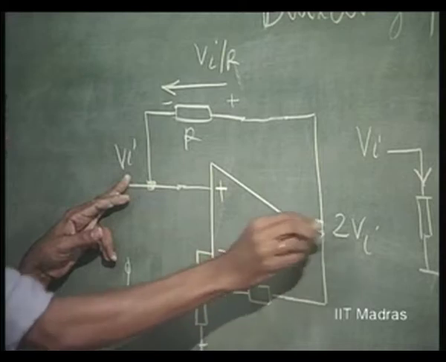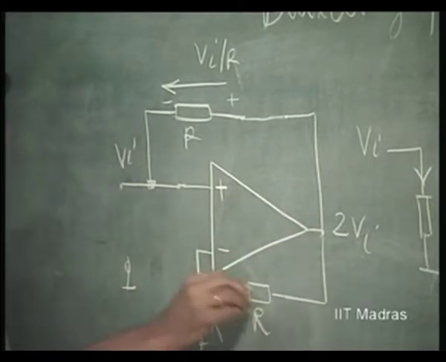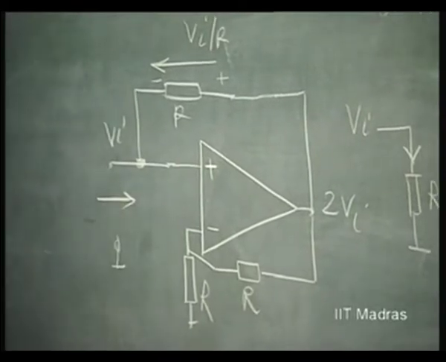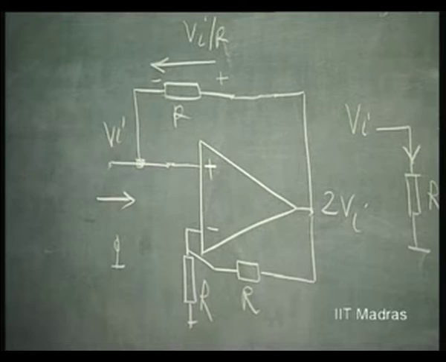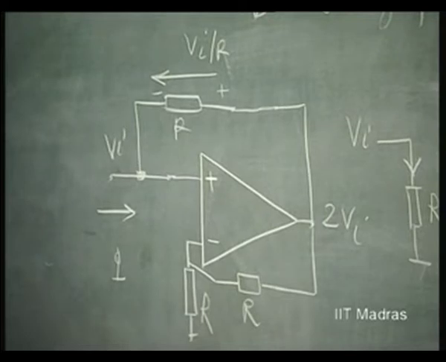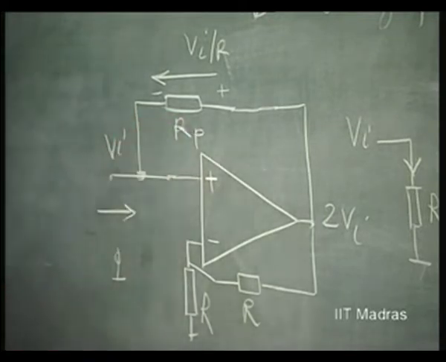So, how do I get a gain of 2? I can put R and R. So, this simulates a negative resistance of magnitude R. I want to simulate a negative resistance of magnitude Rp, so I simply put Rp here.